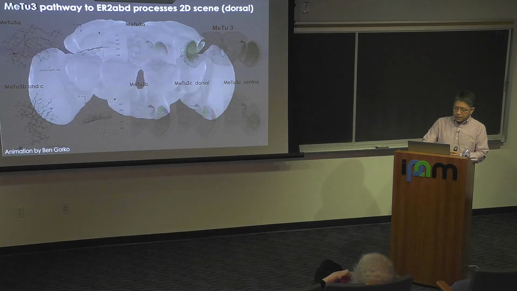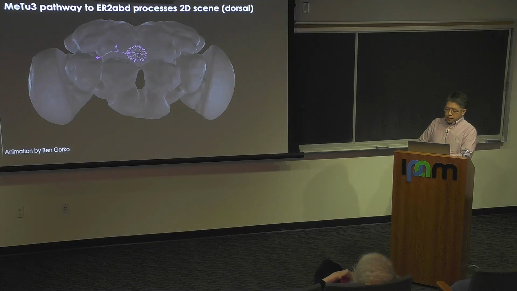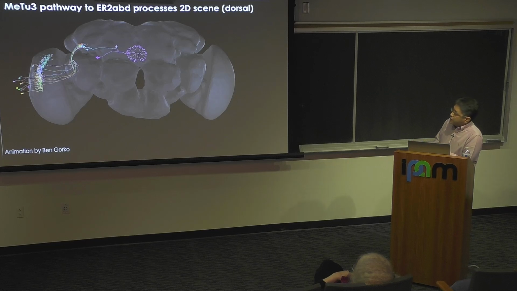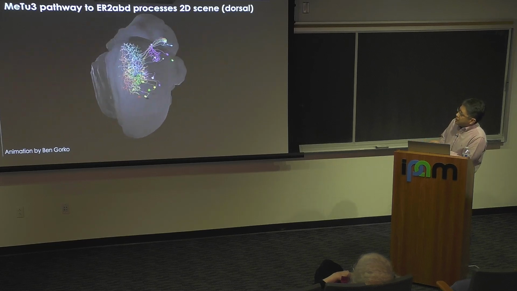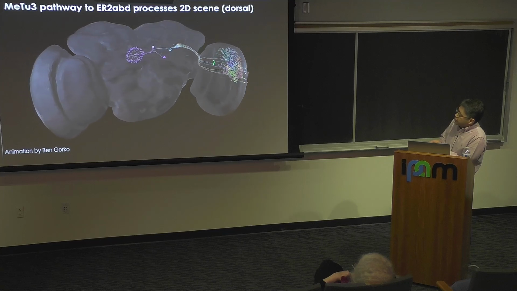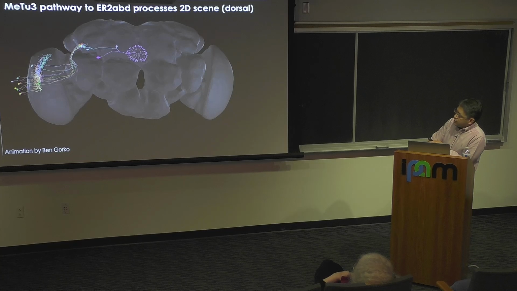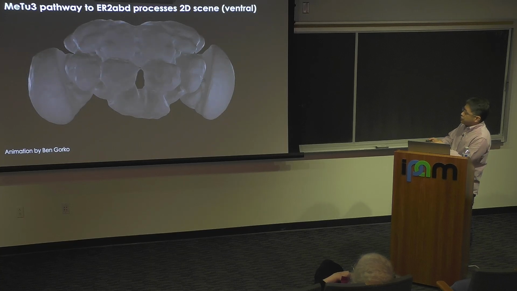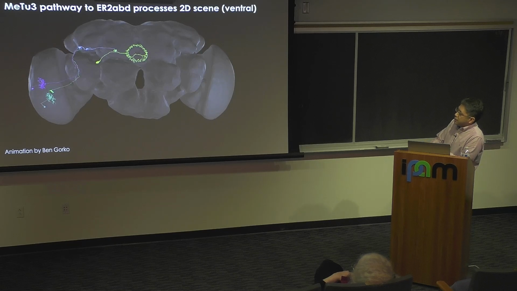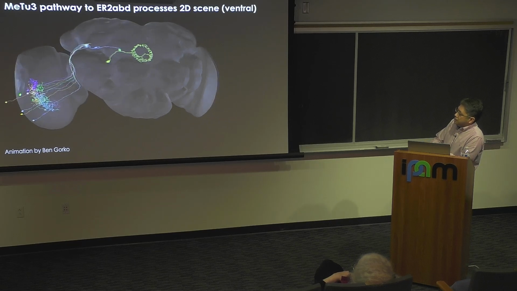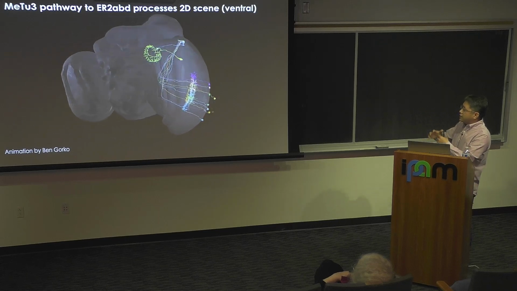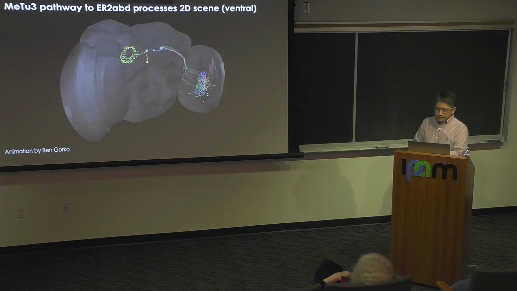So what does this mean? This shows the neurons backtraced from the ER2 neurons, which are downstream neurons of the MIT2-3 neurons. And you can see that the innervation is limited or constrained to the upper medulla, or dorsal medulla. Whereas here is another example of ER2 neurons backtraced to the MIT2-3 neurons, and you can see that the innervation of these MIT2-3 neurons is confined to the ventral medulla, right?